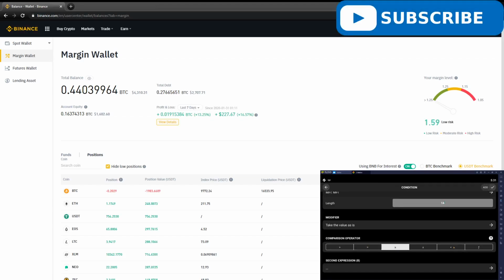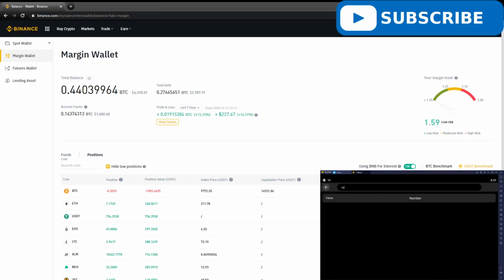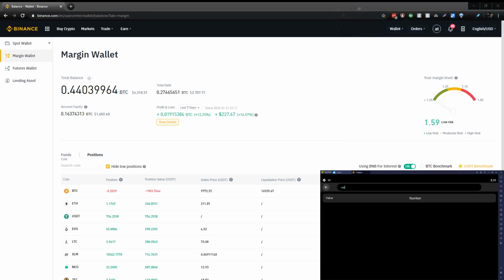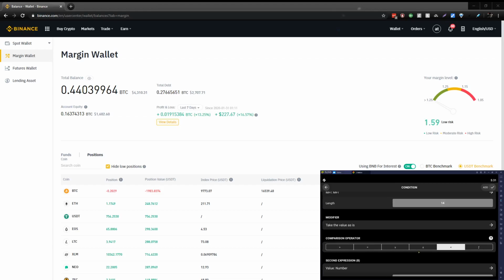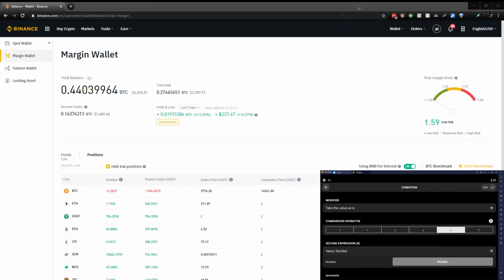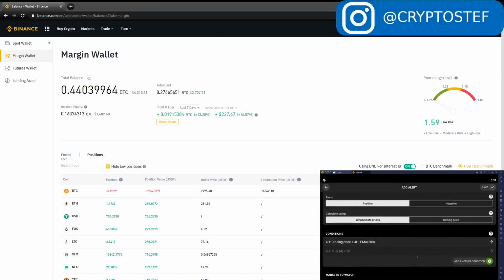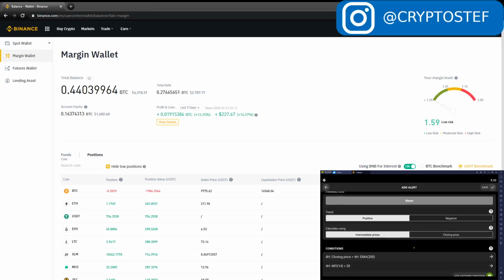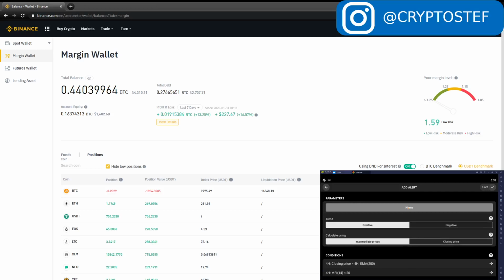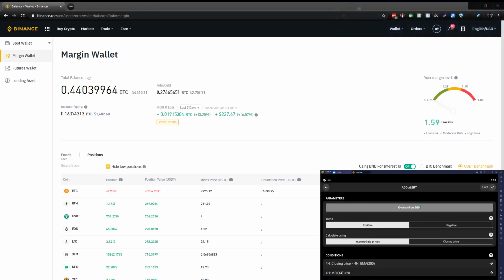I think the MFI is better because it gives you a combination of the volume and the RSI in one go. And this is the condition, and it will alert me, and we will say oversold on 200 EMA.